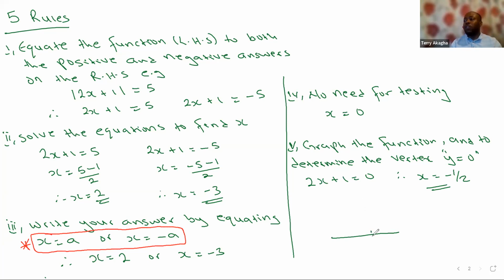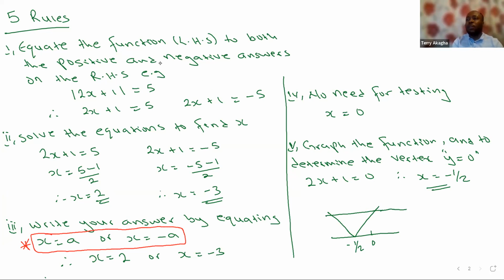So we're gonna do this. We know if this is 0, this point here is gonna be -1/2, okay? And let's say, for instance, we're having y is equal to 5. So let's say this point here is y is equal to 5.